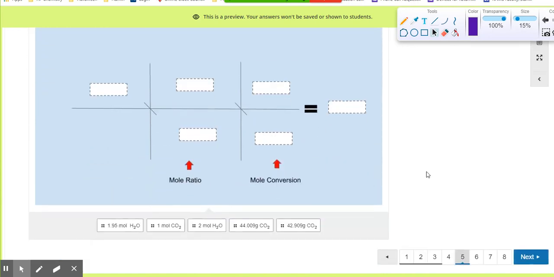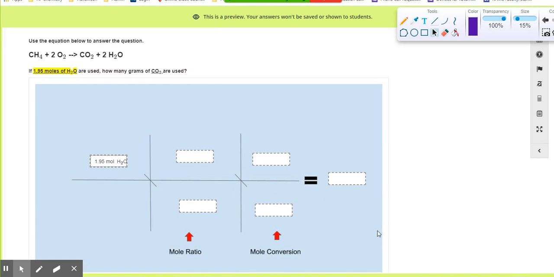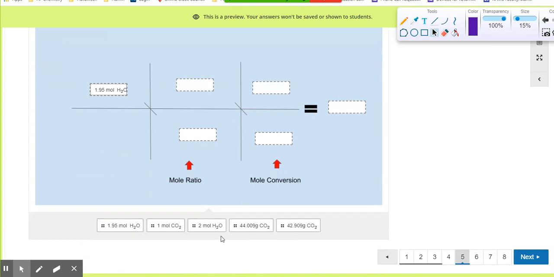So we're going to grab that. We're going to put that into this first box. Okay. Mole ratio. So what number is going to go down here if we're talking about H2O? 2, exactly. So we're grabbing our coefficient from right here. We're going to put 2 moles of H2O right there. Okay?